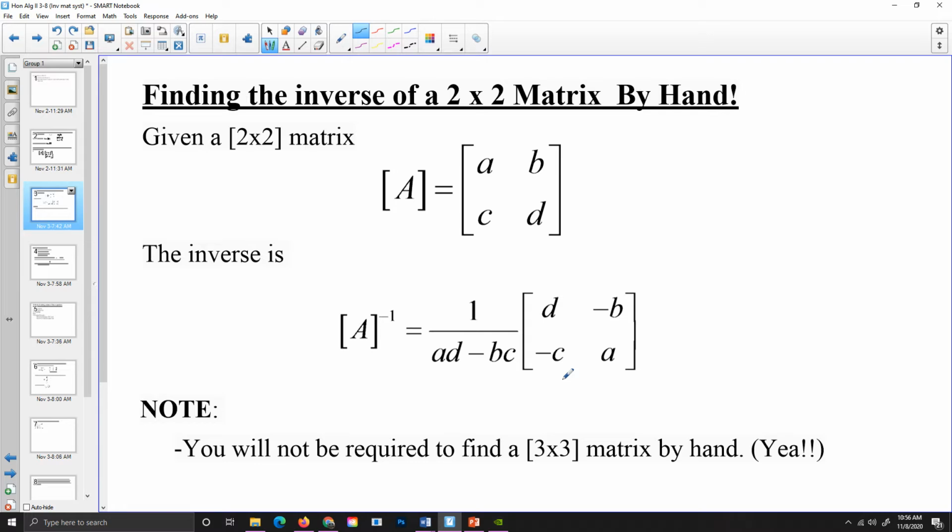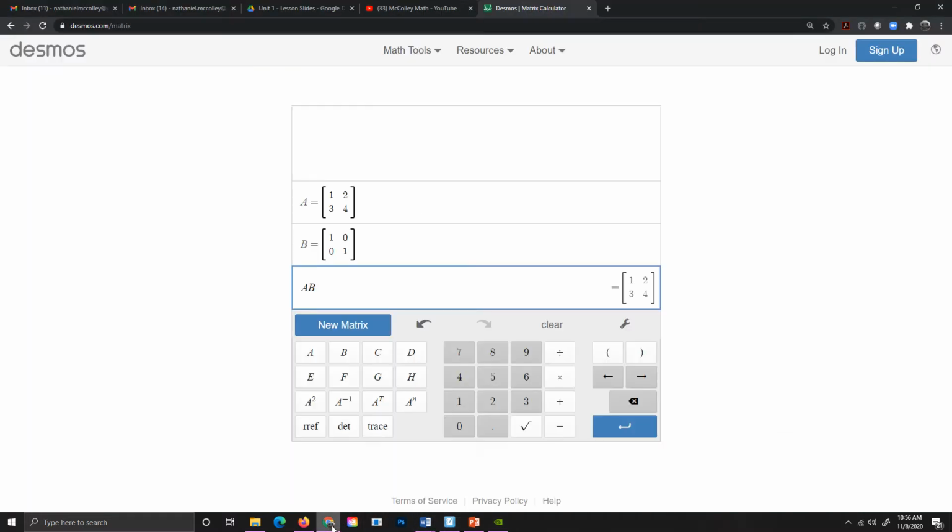Now we're just going to use the Desmos calculator this year to find the inverses of both 2 by 2 and 3 by 3 matrices, and that's going to save us a lot of work. The way that you do that in Desmos is, I'm going to hit enter here.